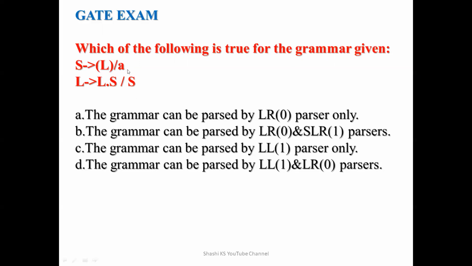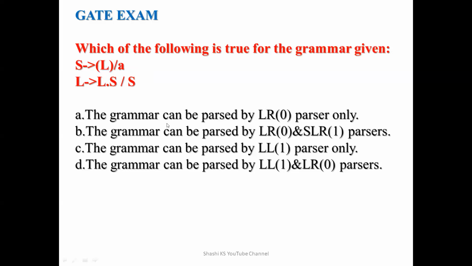The first of two different productions has to be unique. It should not overlap, there should not be common terminals in the intersection. But here the first of S derives A is a and the first of L derives S is also a. Such productions cannot be parsed by the LL1 parser, so this grammar cannot be parsed. So options C and D are eliminated.